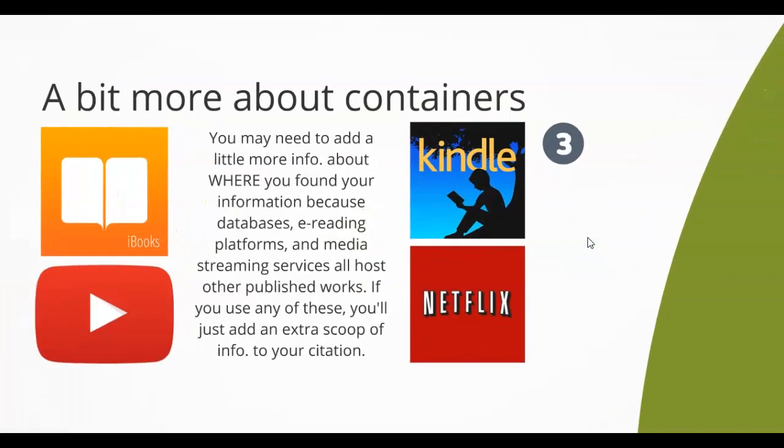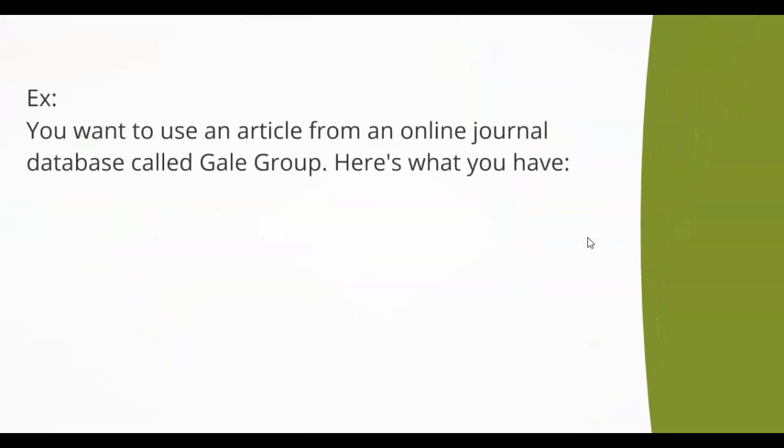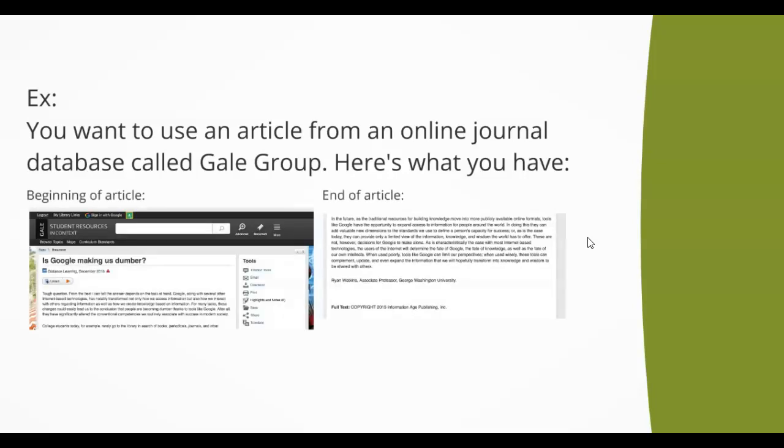So a little bit more about containers, which is number 3. You may need to add a little bit more info about where you found your information because databases, e-reading platforms, and media streaming services also all host other published works. If you use any of these, you'll just add an extra scoop of info to your citation. So for example, you want to use an article from an online journal database called Gale Group. Here's what you have. And this is kind of getting into a little bit more than what I'm probably going to have you doing at this point.